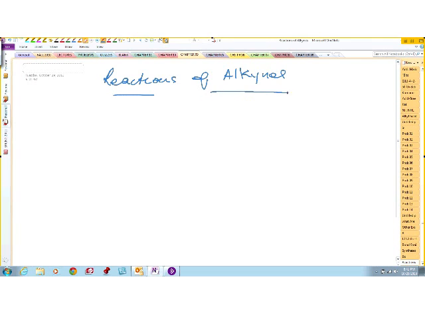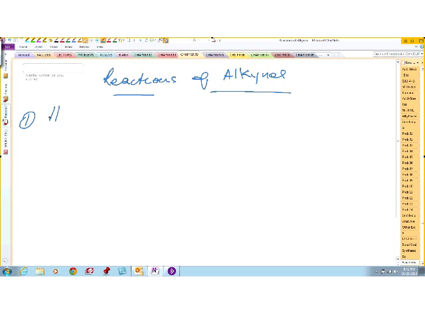Now, for the reactions of alkynes, as you already know, just as in the case of the alkenes, there are a lot of reactions. So to make it easy for you, I will number them. Some of the reagents should be familiar to you.